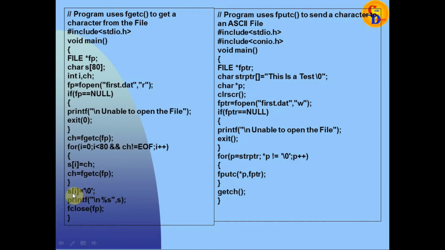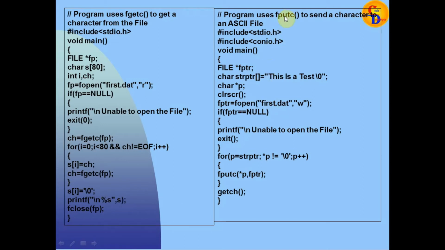Then s[i] equal to '\0', which means the last character is assigned the null character. Then printf: we are printing the s value. Each character was read and stored, and after that we print the s variable.